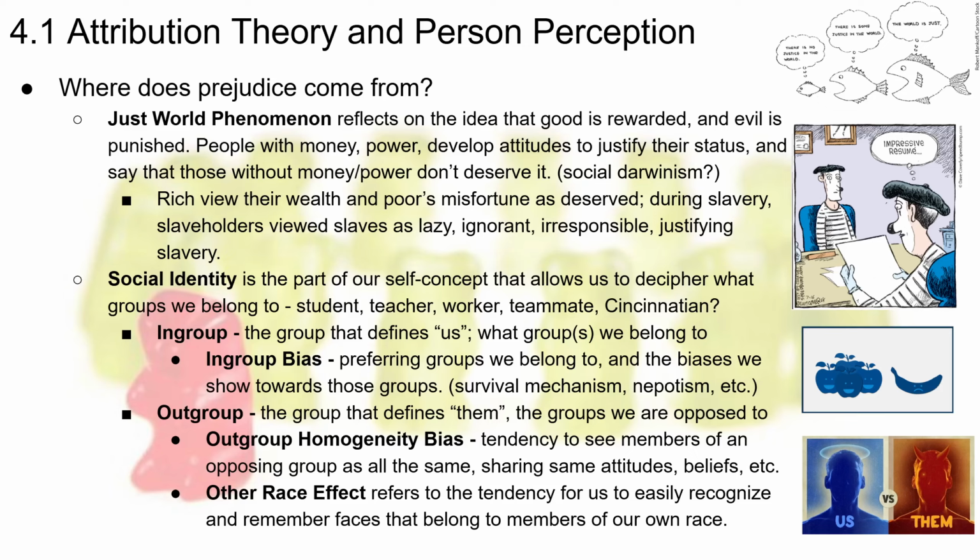We live in the same part of the city. We all want to see the same things happen, such as Walnut Hills being a great school with a great community. When we look at the out-group, though, and that's Mason High School, we all look at them as the same. That's called the outgroup homogeneity bias, in which we see the outgroup as all the same, sharing the same beliefs, attitudes, etc., which is not true.